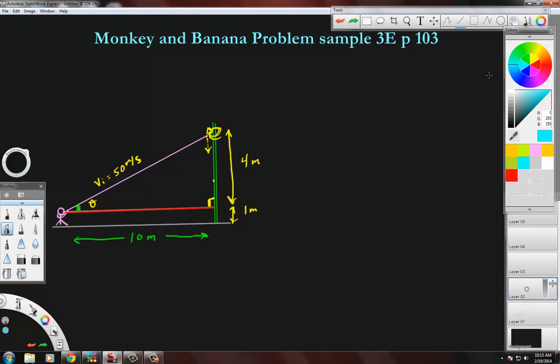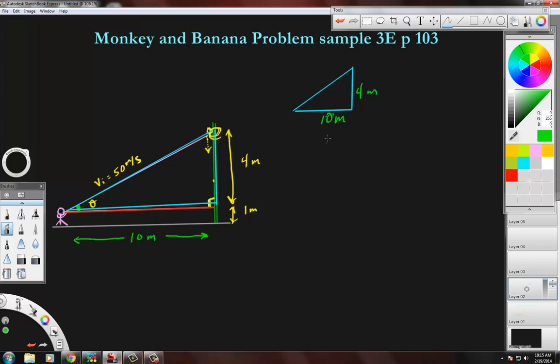The first thing we're going to do is solve for angle theta. We need to know what angle this is. So on this layer, I'm just going to look at the triangle that is here. It's going to be 10 meters this way, 4 meters this way.